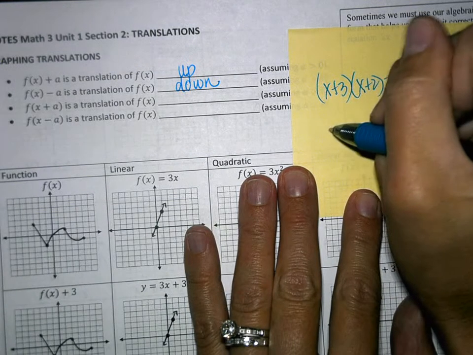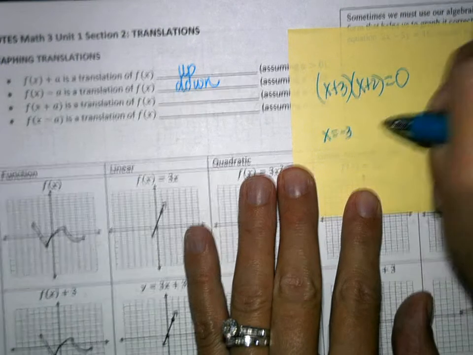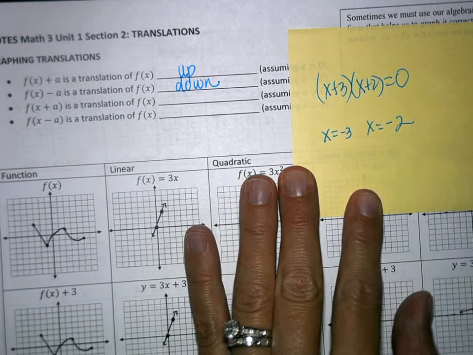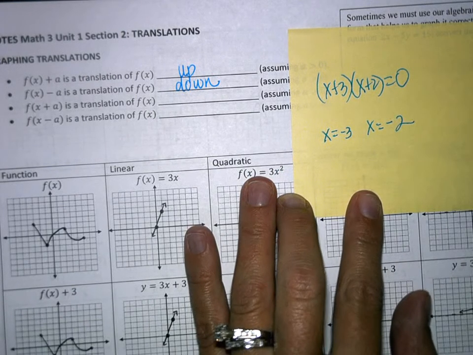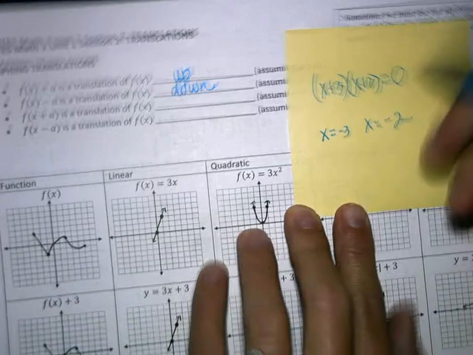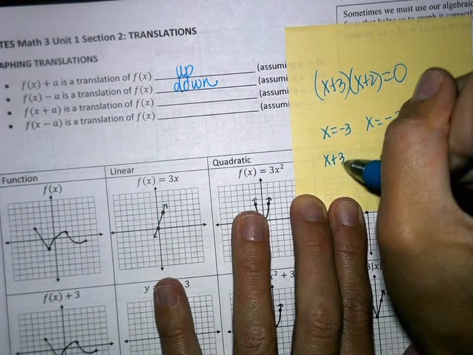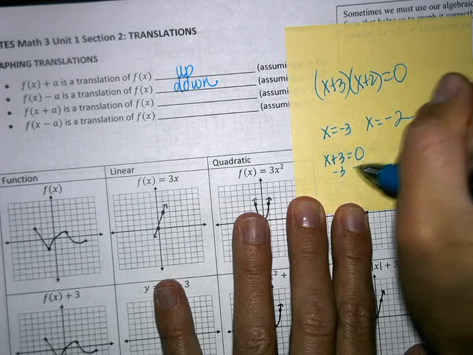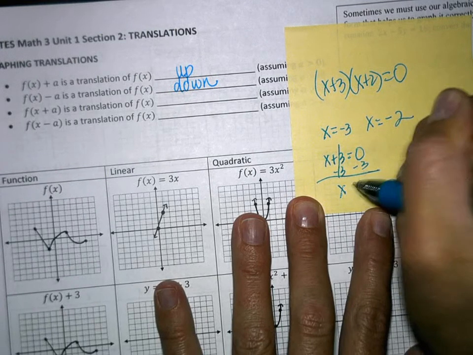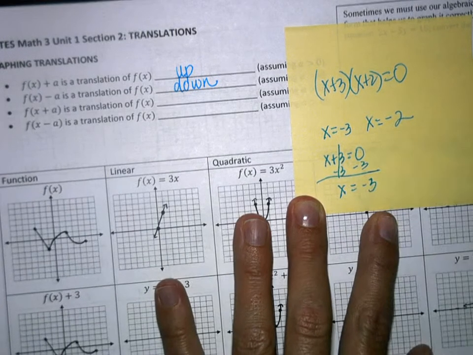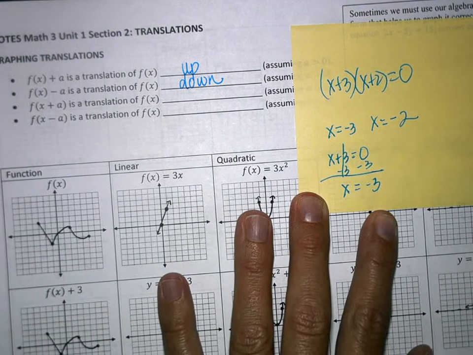And so you would actually end up getting x equals negative 3 and x equals negative 2. Do you guys remember that? And if you're not sure how I got that, it's just like x plus 3 equals 0, and so I'd subtract 3 from both sides to get x equals negative 3. Does that make sense there?